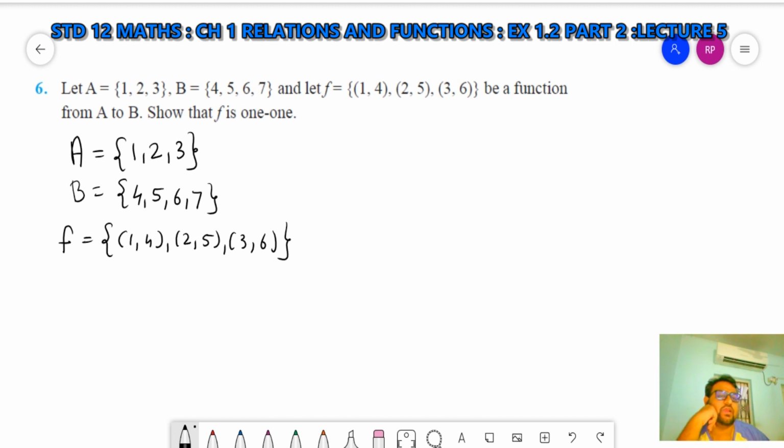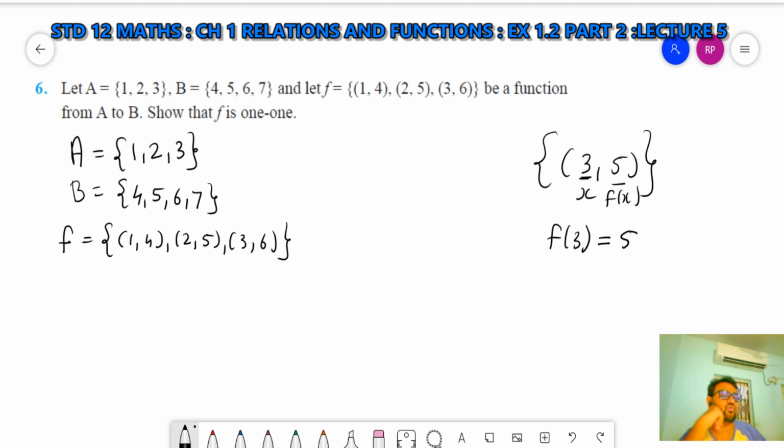Okay. Now see, whenever we are writing any ordered pair like this way in a function, like (3, 5), what does this mean? If this is x, then this is f(x). Means f(3) equal to 5. Clear? When an ordered pair is written in this way, it means this. When you are drawing the graph, this you are taking as x coordinate, and this you are taking as y coordinate, that is f(x). Clear?